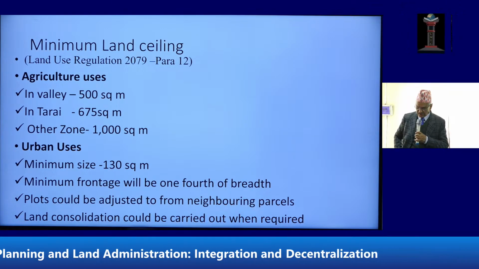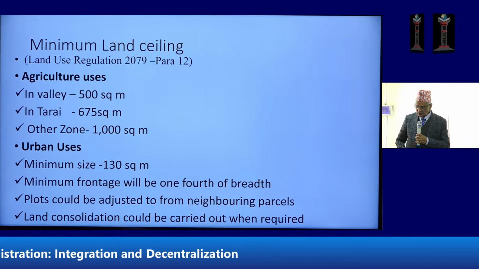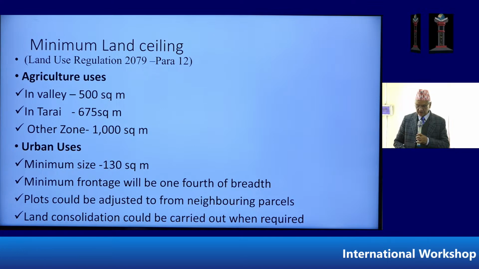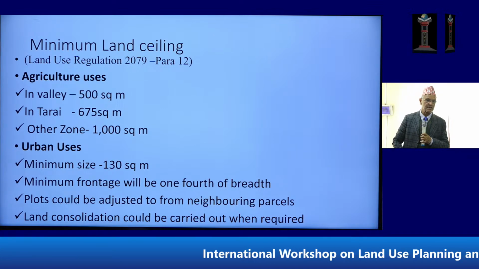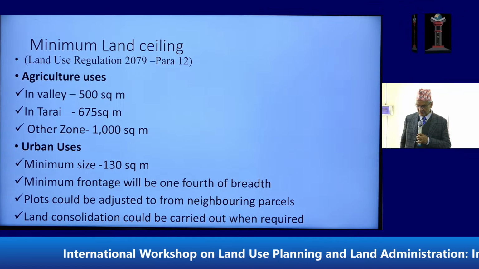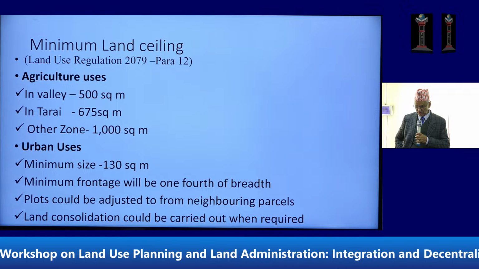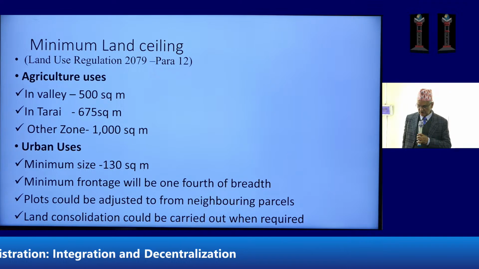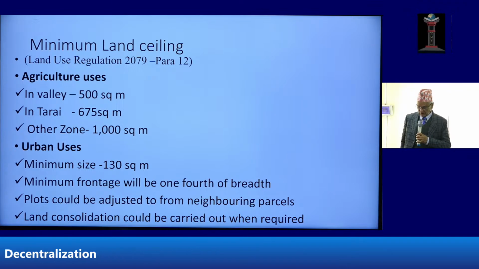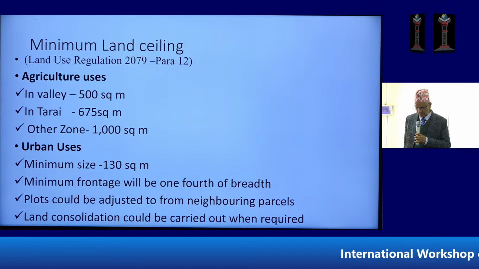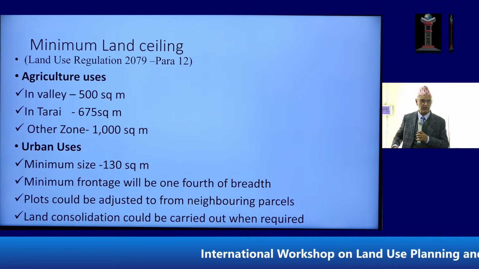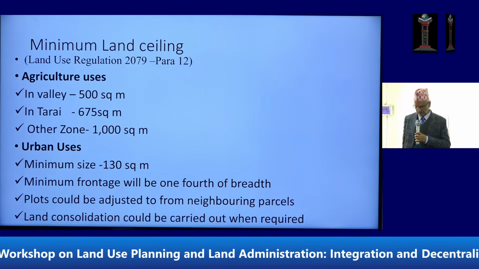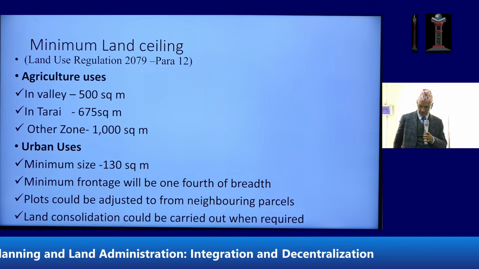So in this land use act or regulation, there is also a land ceiling, a lower ceiling. In the valley, 500 square meters means 1 ropani, and Tarai is 675 square meters, and other areas are 1,000 square meters. And for urban areas, before it was 79.5 or something, 80 square meters, now it's 130 square meters.